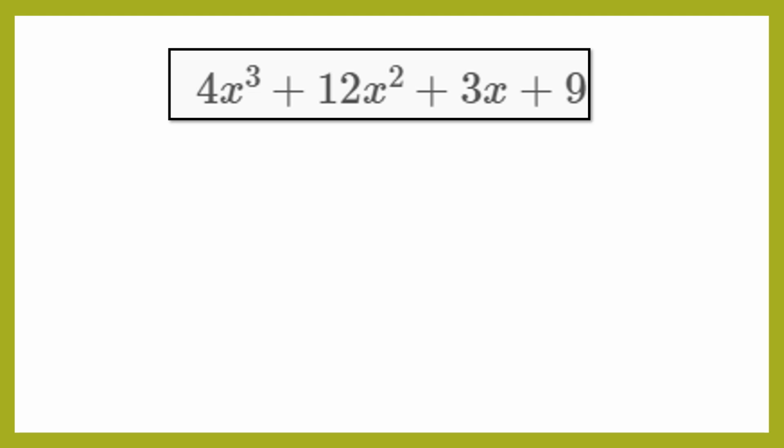The first term is raised to the power of 3, then power of 2 and 1, and then the constant number which is 9. Now, the first thing to do is to group them into two binomials.